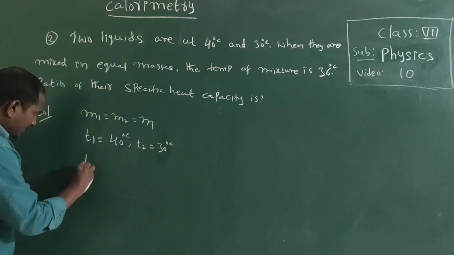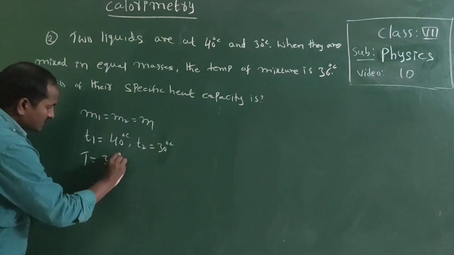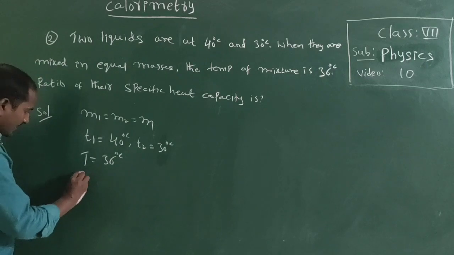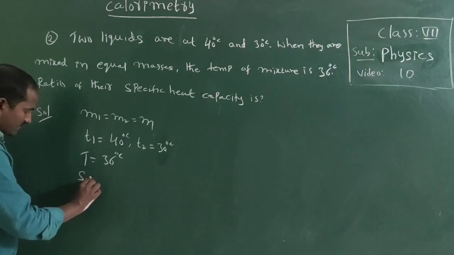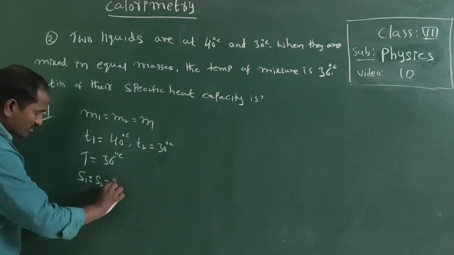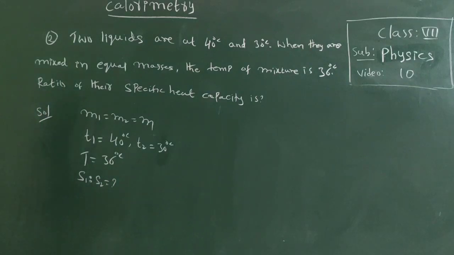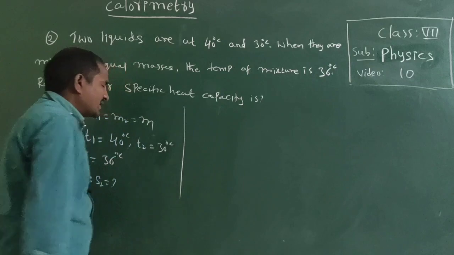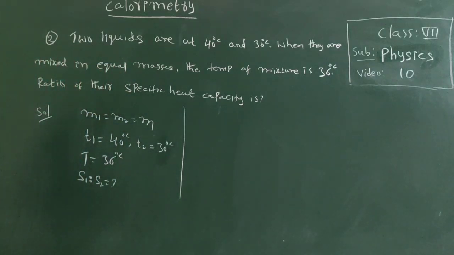The resultant temperature is given, that is 36 degrees Celsius. Then find S1 is to S2. Here S1 means specific heat capacity of the first liquid and S2 of the second liquid.